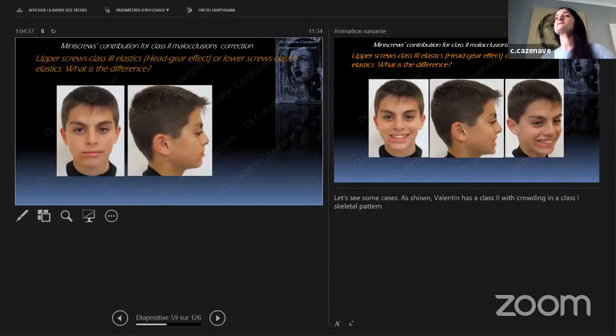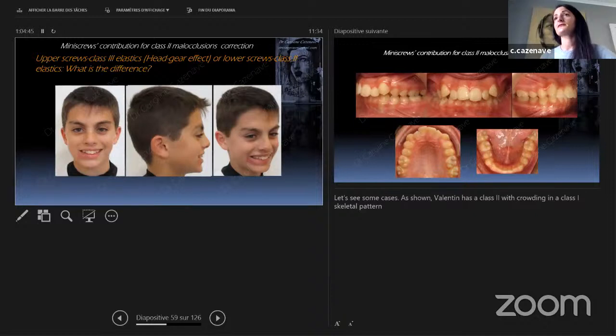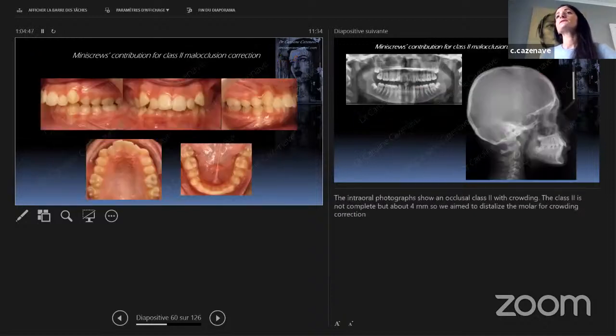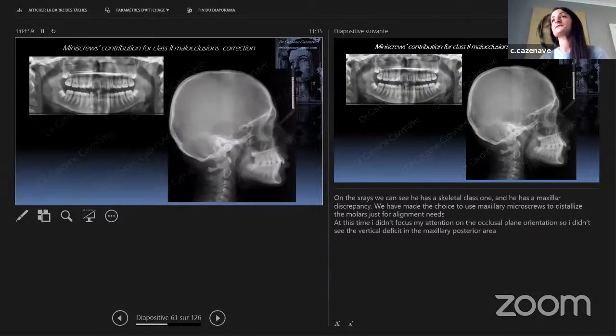Let's see some cases. As shown, Valentin has a class 2 with crowding in a class 1 skeletal pattern. The intraoral photographs show an occlusal class 2 with crowding. The class 2 is not complete, but about 4 millimeters. So we aim to distalize the molar for crowding correction.